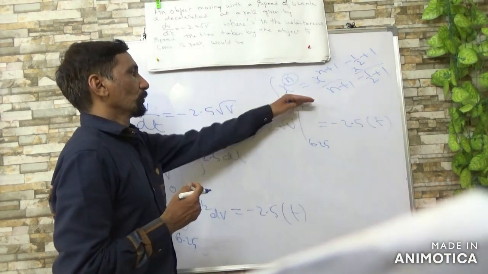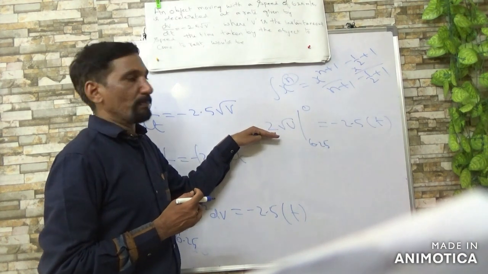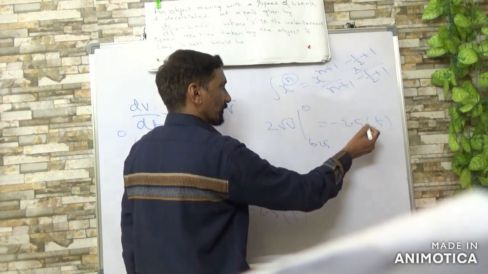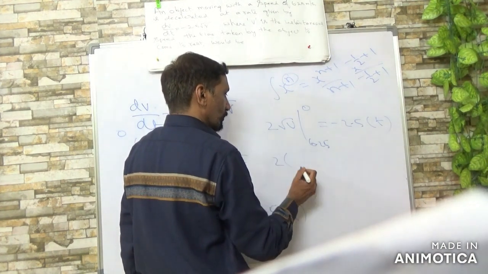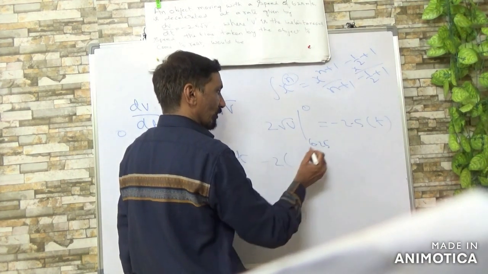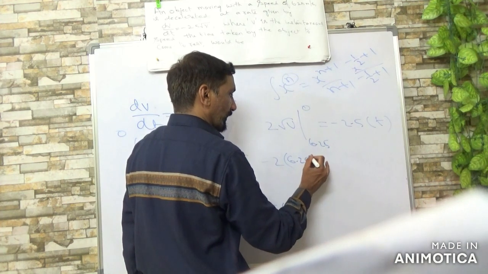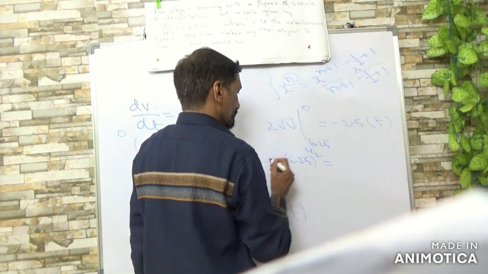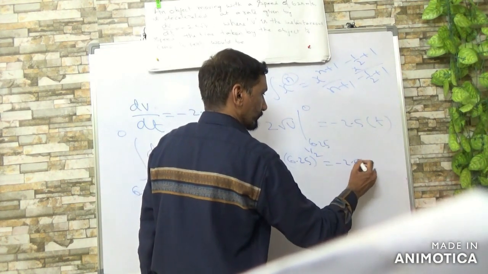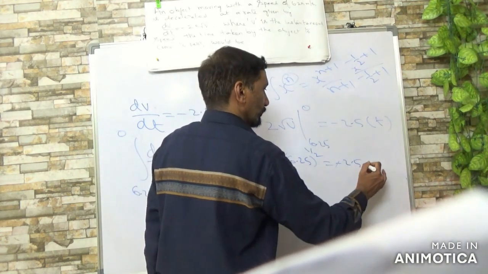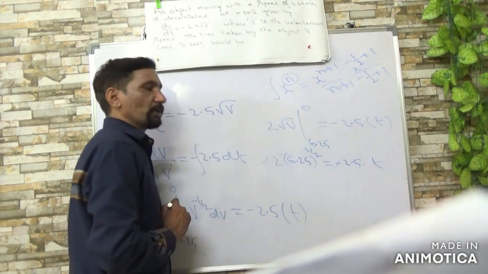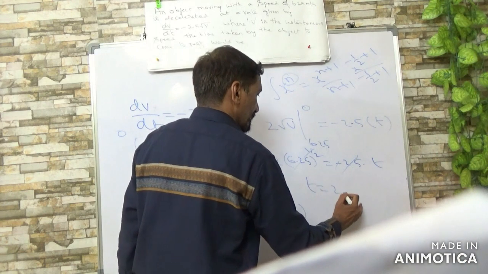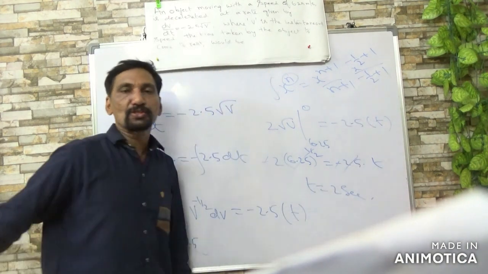You take the upper limit first, then the lower limit. After simplifying, 2 into minus of root 6.25, minus minus cancel, into t. When you simplify further, you get t equal to 2 seconds.